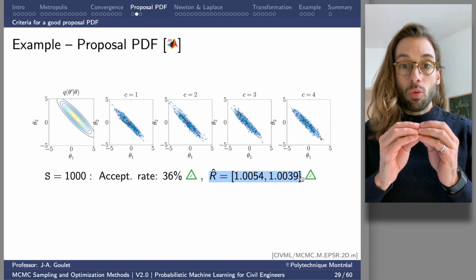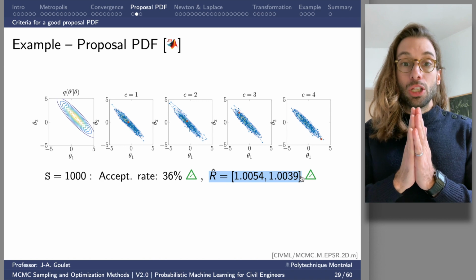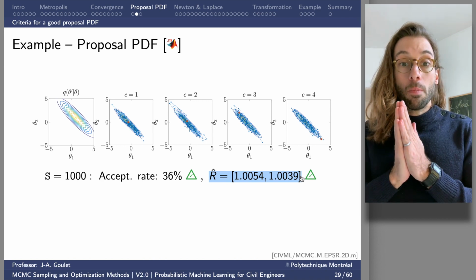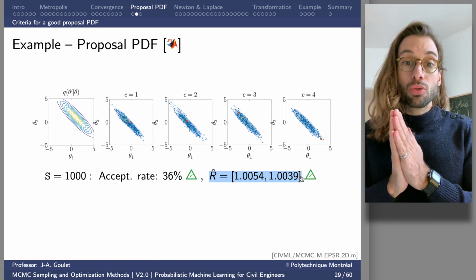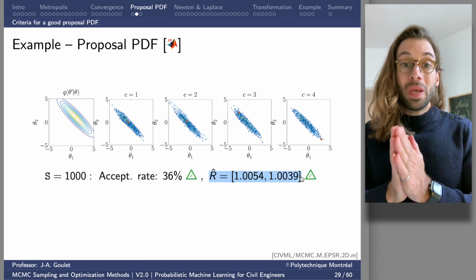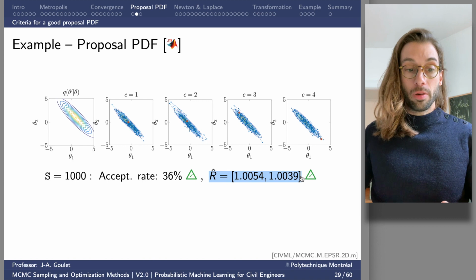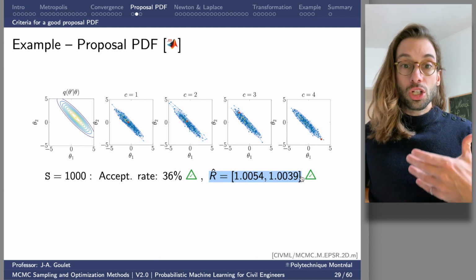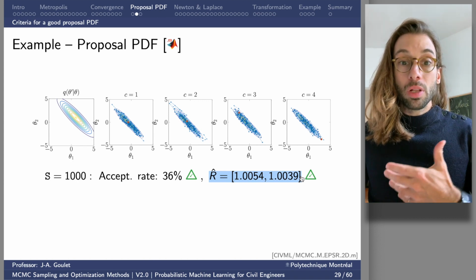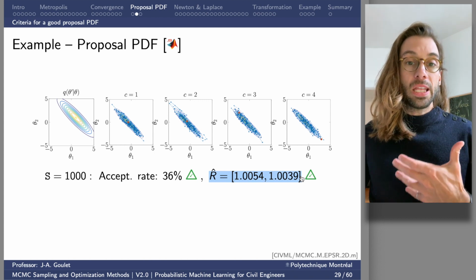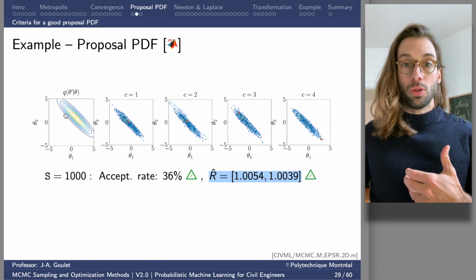So at the end, what I want you to understand here is that this choice of the proposal PDF is crucial for the speed of convergence and the efficiency of your sampling, okay? So if you want to reach convergence with a reasonable amount of samples, you have to pay attention to your proposal distribution.